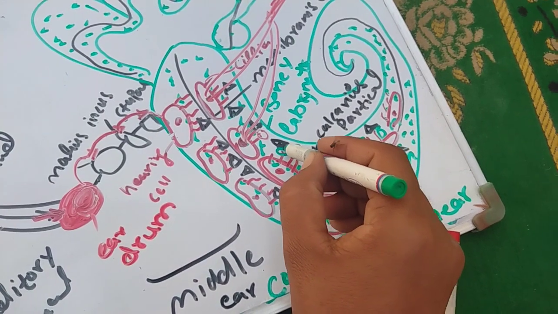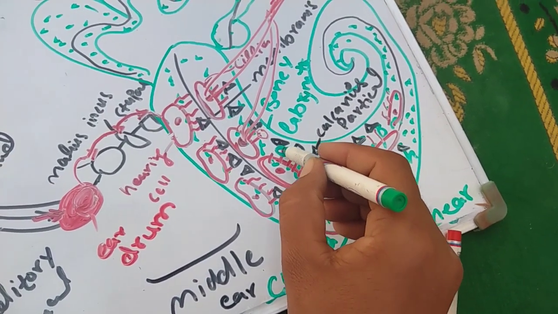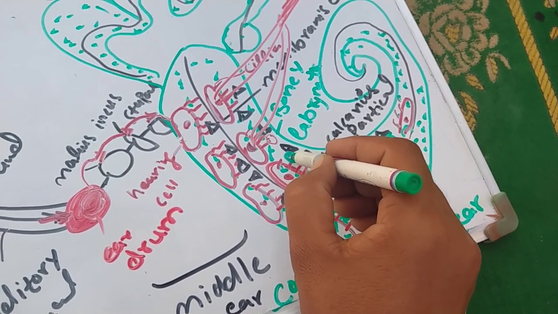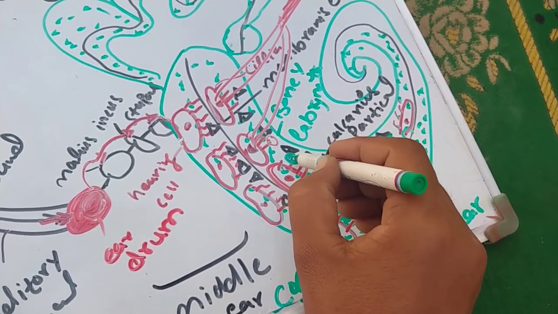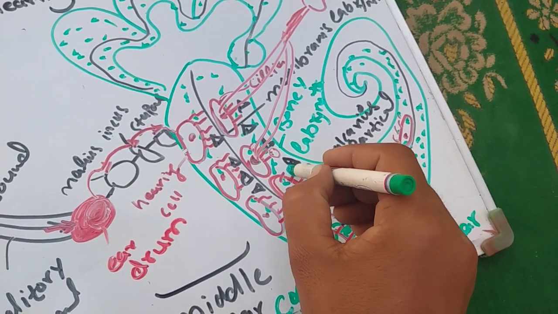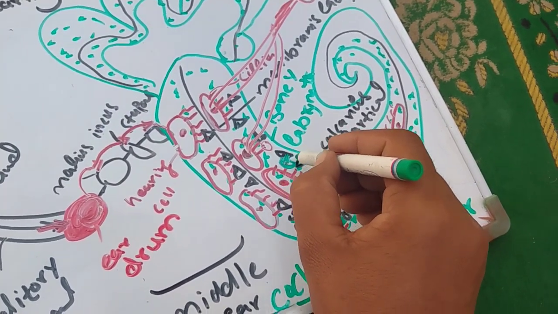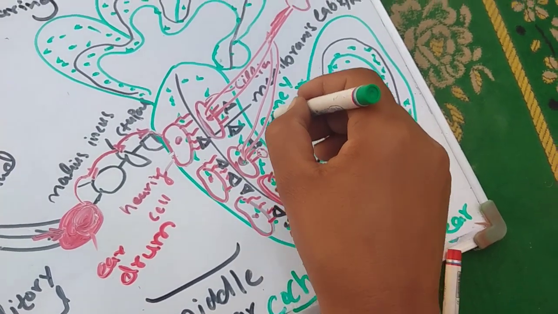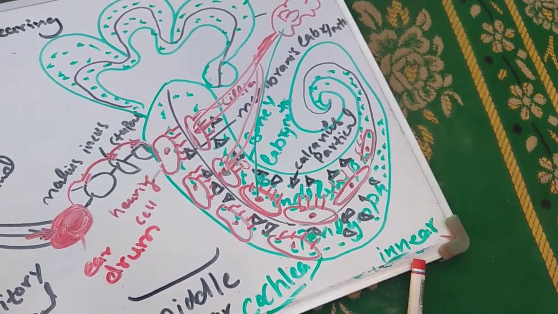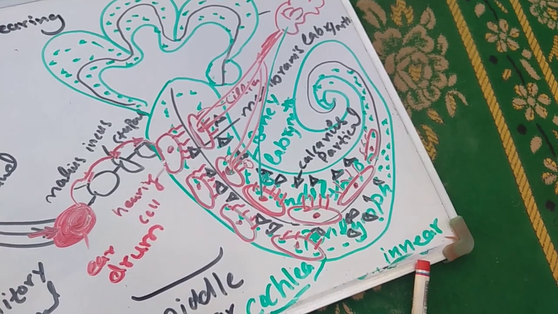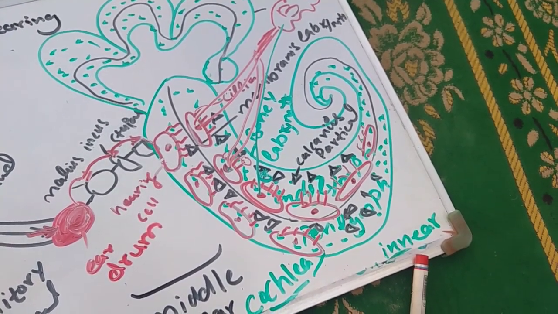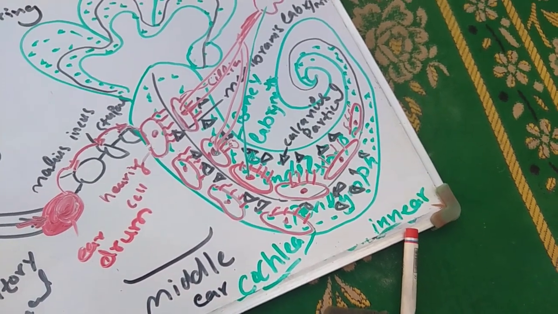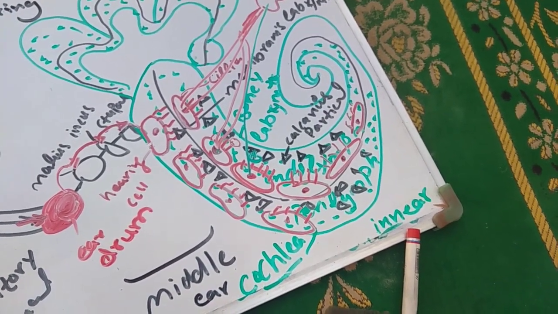When these calcareous particles touch the cilia, they generate the nerve impulse. This auditory nerve impulse originates from the hearing cell and enters the brain. So hearing is produced.